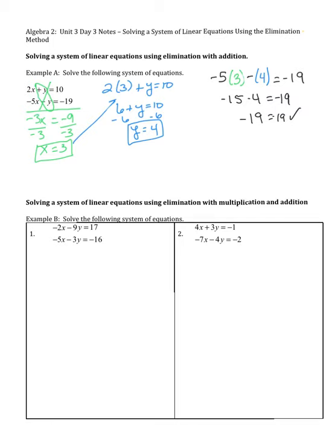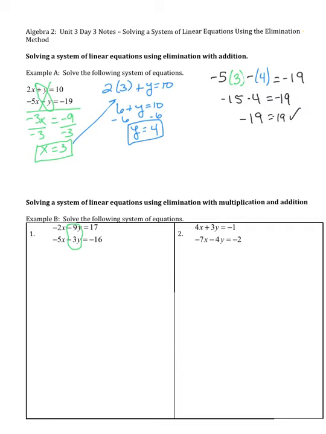You're going to look at your two equations. Now look at these two equations. You've got negative 2x and negative 5x, and you have negative 9y and negative 3y. Now you need to have solid multiplication facts in your head. You need to know your factors. Because you can see that negative 9y and negative 3y are kind of similar.